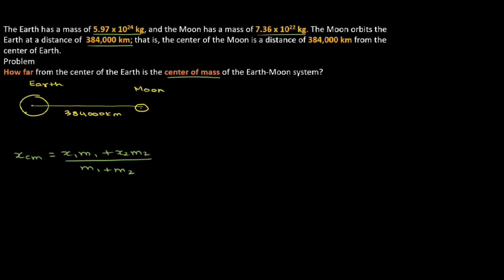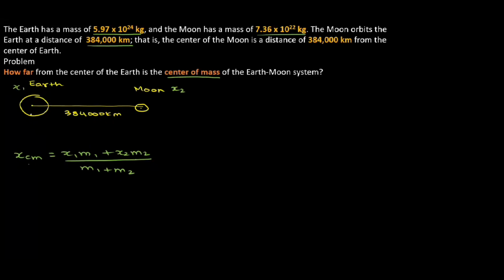Since we are considering the Earth-Moon system along the x-axis, I'm going to take the coordinate of center of mass along the x-axis, where x1 is the position of object 1. In this situation, object 1 we are considering as Earth, and it has a mass of m1. x2 is the position of object 2, which is Moon, and it has a mass m2.